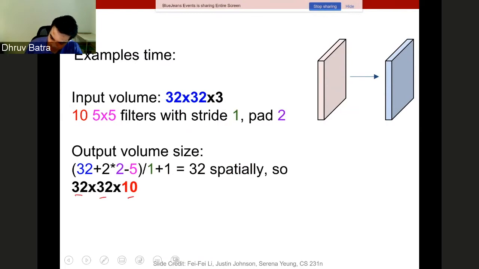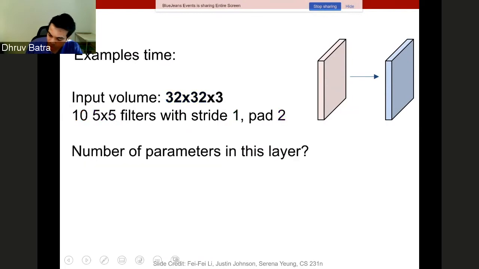Another question here. We're still in the same regime. We have 32 by 32 by 3 input. We have 10 5x5 filters with stride 1, pad 2. What is the number of parameters in this layer? And you can take a couple of seconds to think about that. Remember that this is 32 by 32 by 3.